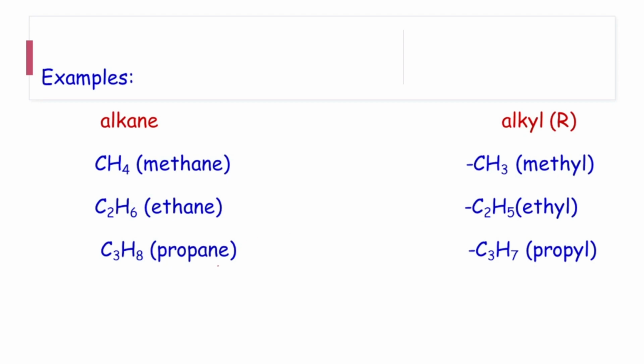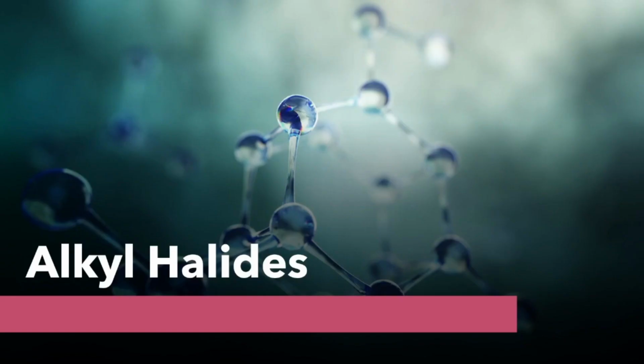For propane, the corresponding alkyl group formed by omitting 1 hydrogen is the propyl group, and so on. So now we have some idea about alkanes, cycloalkanes, and the alkyl groups, which have the general symbol R, and are derived from the corresponding alkane minus 1 hydrogen atom.